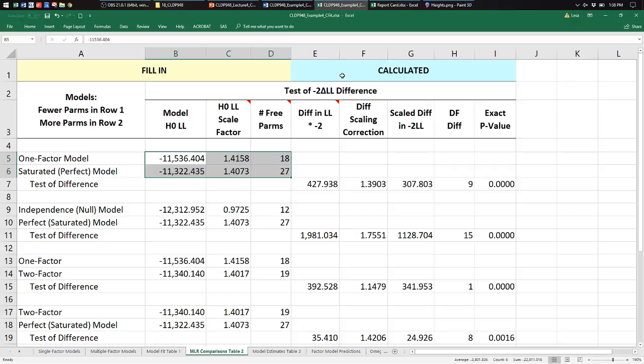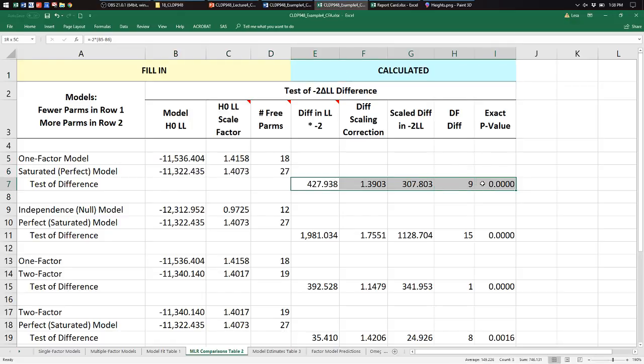And then the rest of this, as you can see by the heading Calculated, gets calculated for you. So this scaled difference in -2 log likelihood, that's your chi-square. The difference in degrees of freedom, or the number of things you've added, that's the degrees of freedom for this comparison. And then the CHIDIST function will give you an exact p-value for that chi-square and degrees of freedom combination.